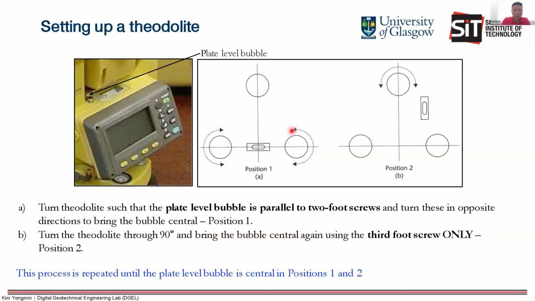This is how you adjust your level. As I mentioned, you first adjust the two screws at the same time to make the bubble go to these seats. Then adjust the last one to make it go to the center.